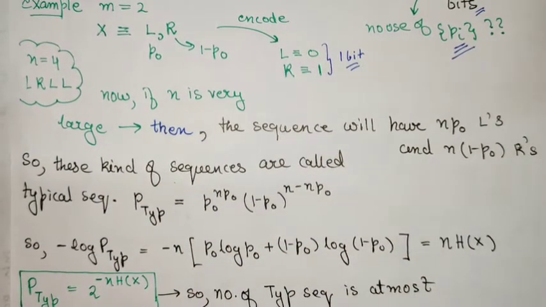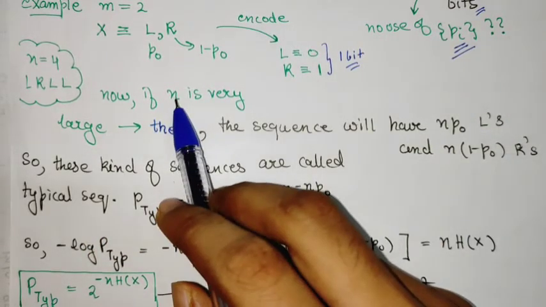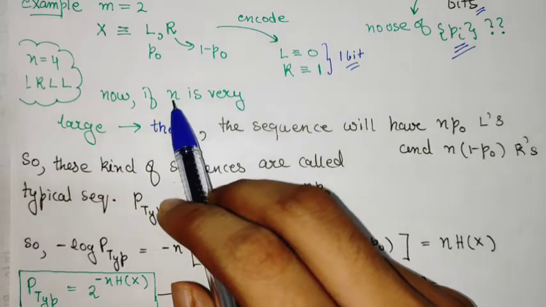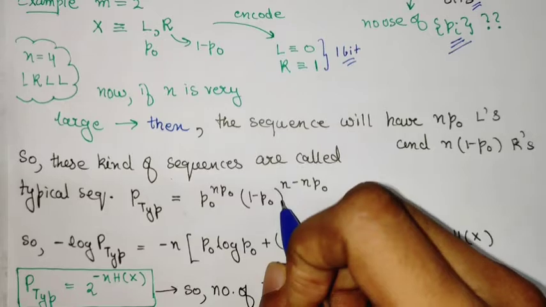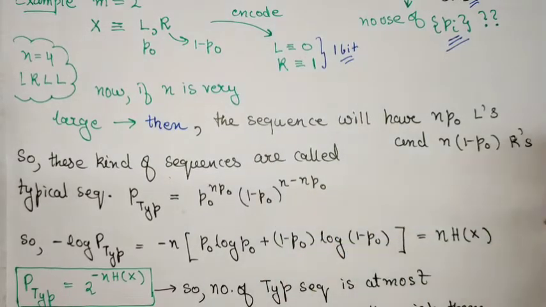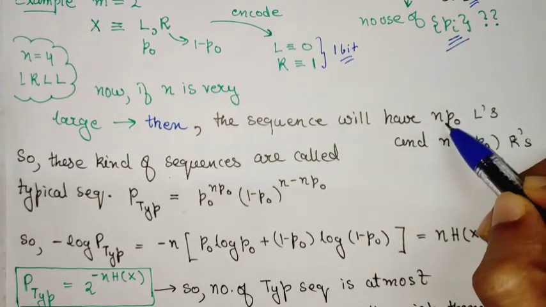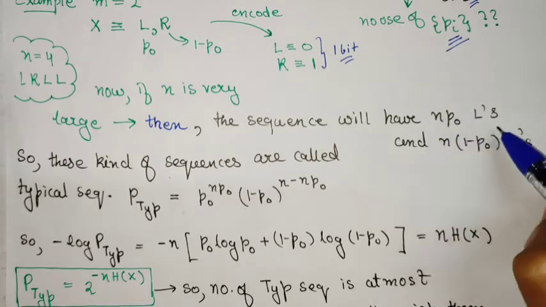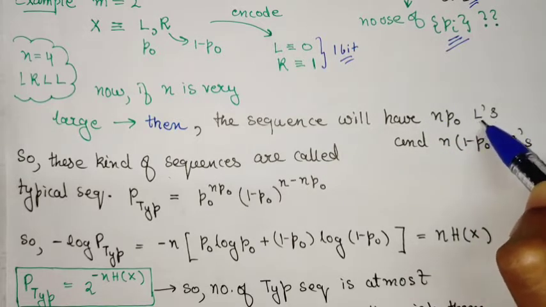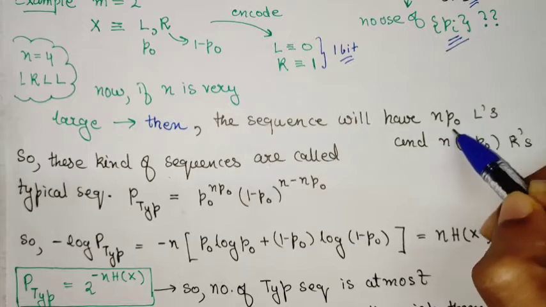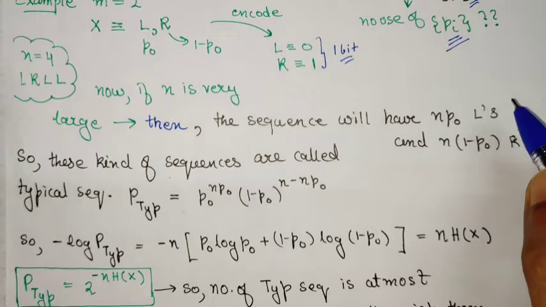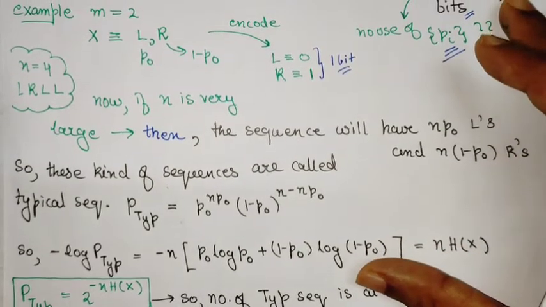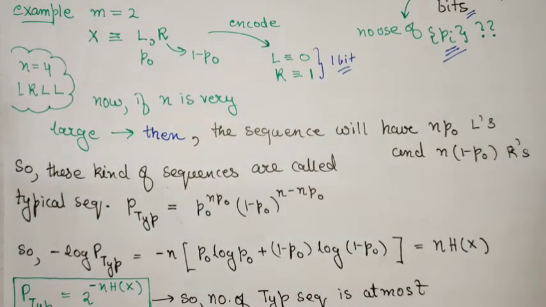Then the intuition is that if I let n, the number of steps of this robot, be very large, the frequency with which the robot has turned left will be exactly p naught, the probability with which it actually turns left. So this is a manifestation of the law of large numbers.